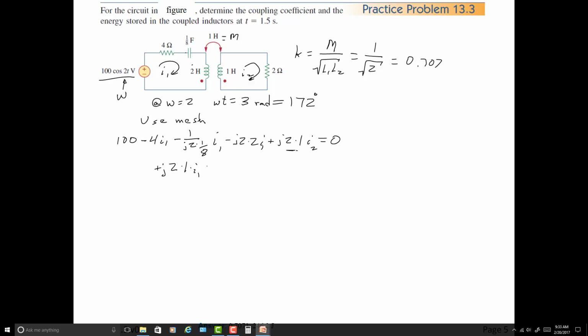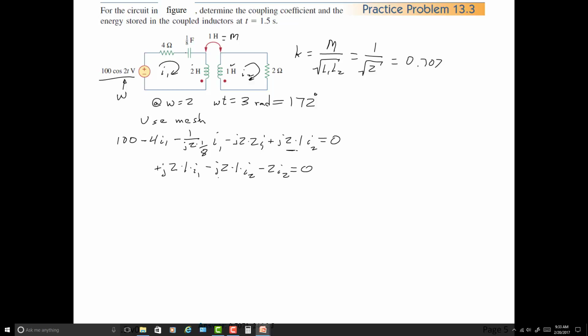All right, minus j, the frequency omega. And now we're looking at the self-inductance term times 1 times I2 and minus 2 from the resistor, I2 equals 0.